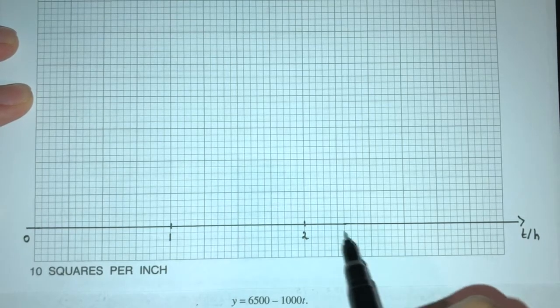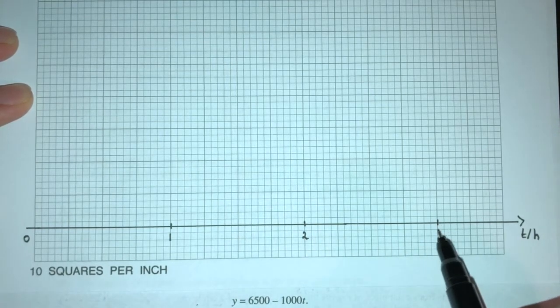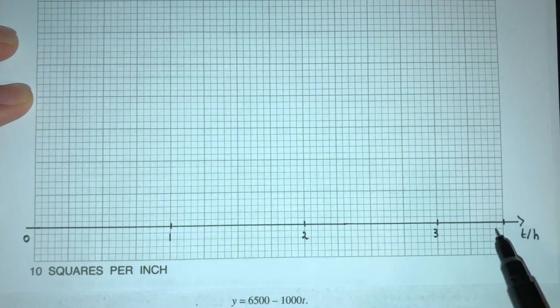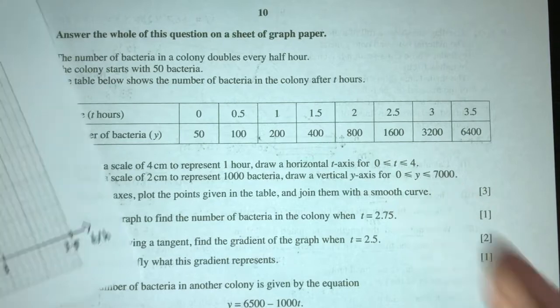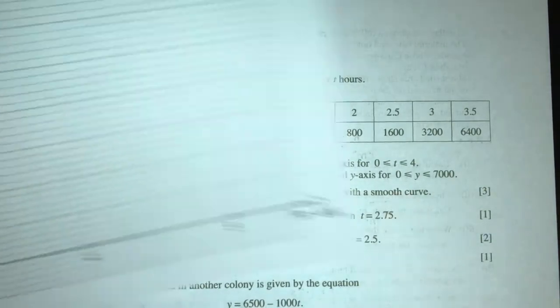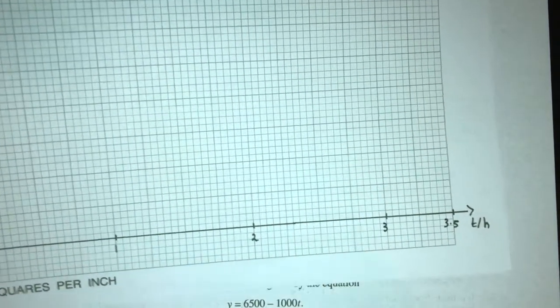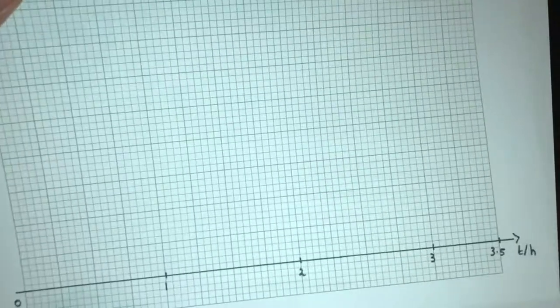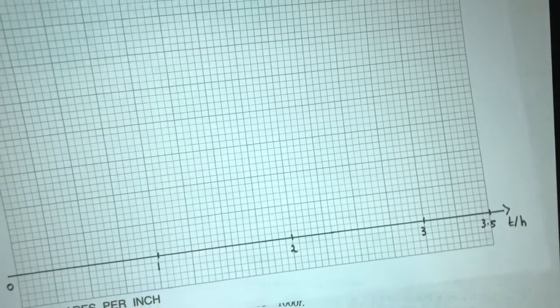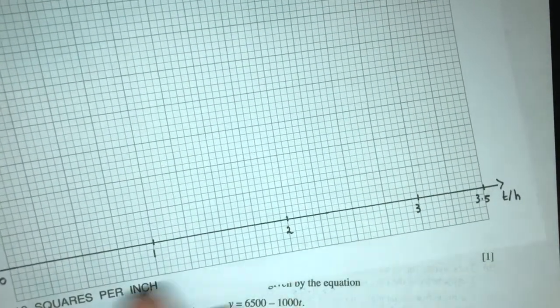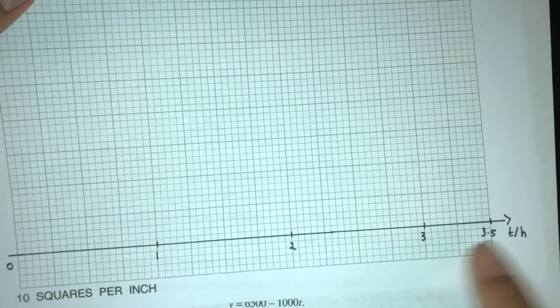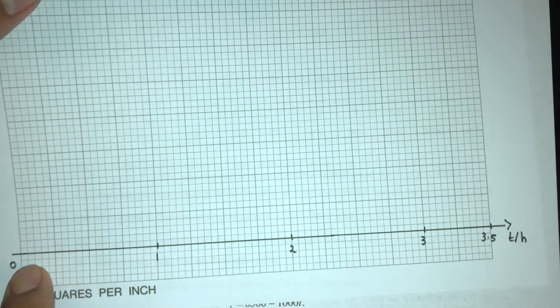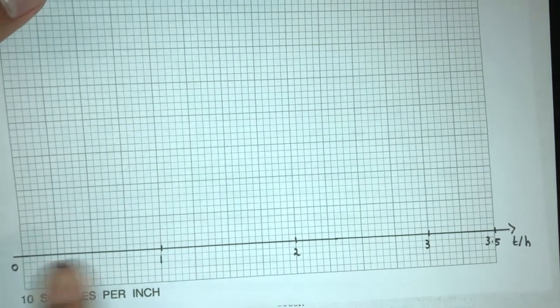That'll be 2. 1, 2, 3, 4. That'll be 3. And that will be 3.5. So it says we have to draw between T and 4. We don't have enough space, unfortunately, so we can only do that for now. Usually your graph will be bigger than this, so you will have enough space to draw your graph, but for mine it stops right here. Sorry about that, but usually if you get a graph for your test, it should be long enough.